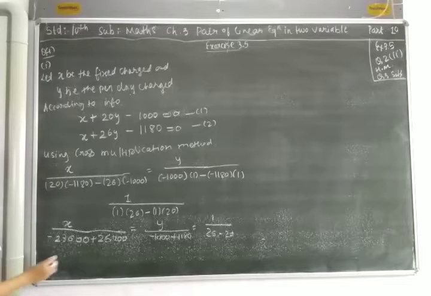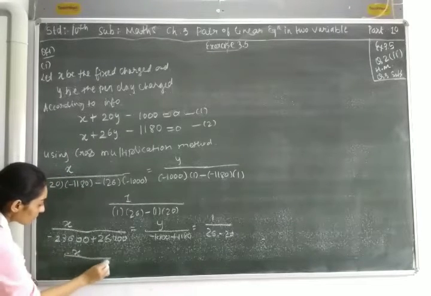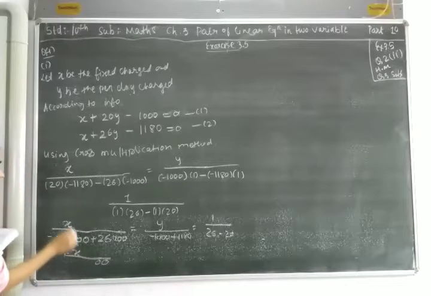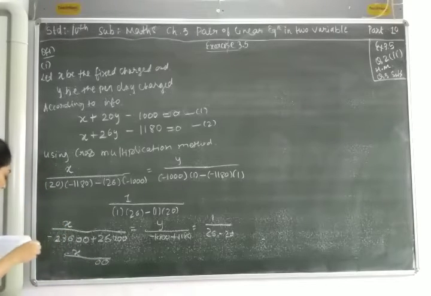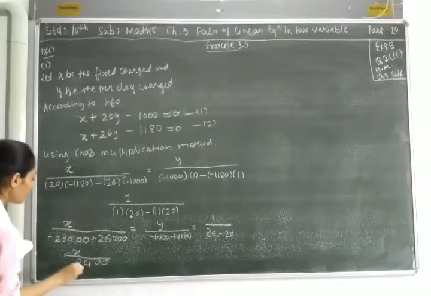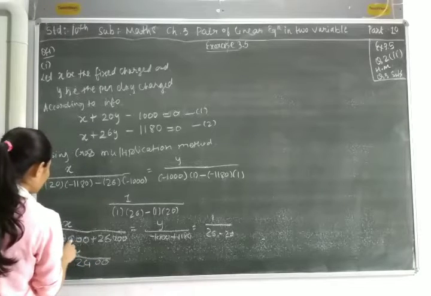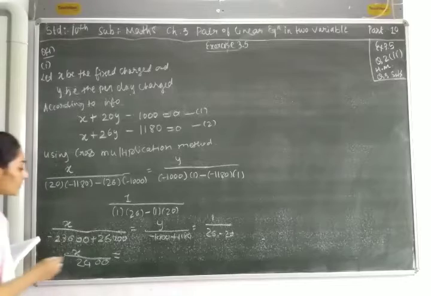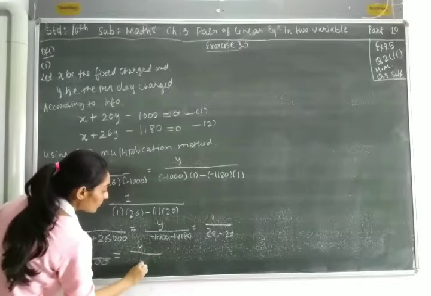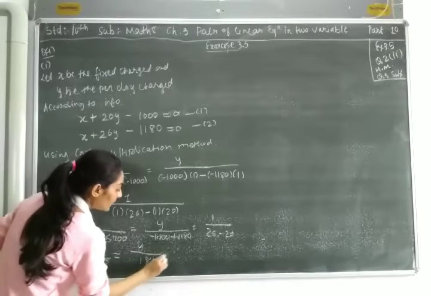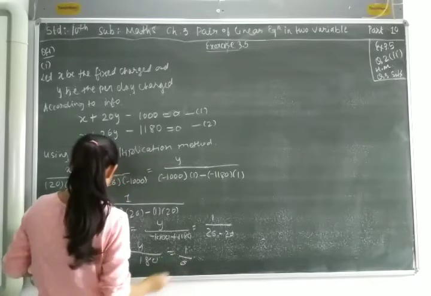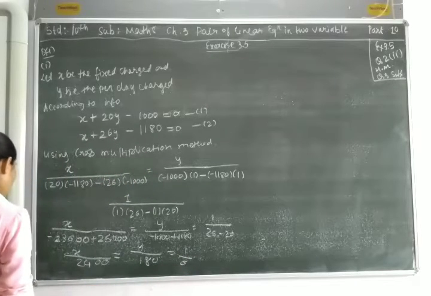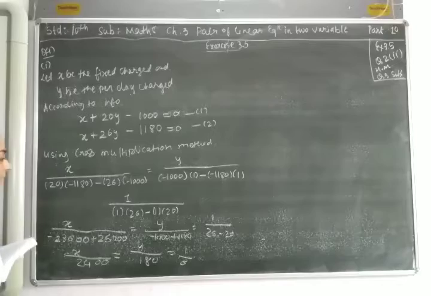So x became 2400. Now the next one, that is y equals to 180, over 6.